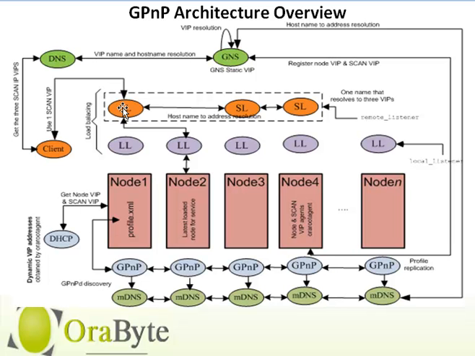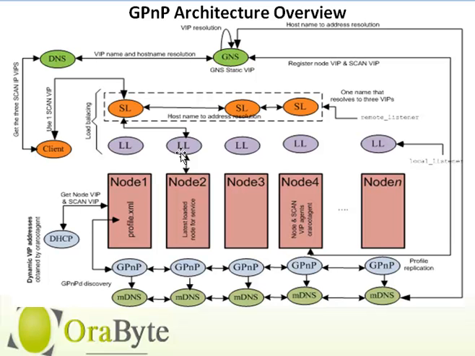SCAN listener knows about all the listeners underneath that, which are the local listeners for the nodes, and it knows which listener is least loaded. The incoming connection, from the client or the application, is going to be talking to the SCAN listener. It will move that request to whichever listener is least loaded, as shown here.